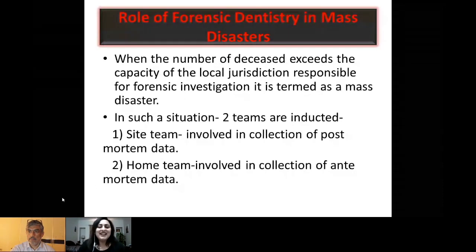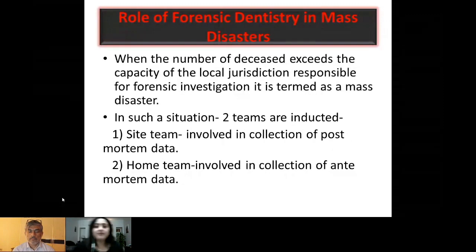The site team is involved in collection of all the postmortem data available, and the home team collects the antemortem data and helps them, because we have to compare the postmortem and the antemortem data.